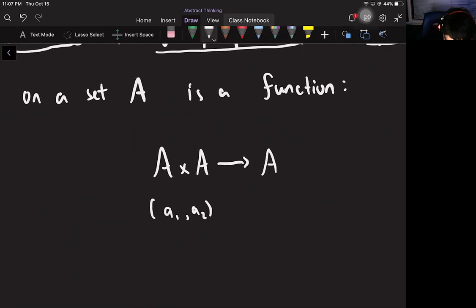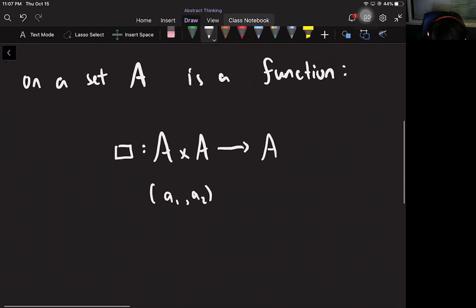And the name of the function just depends on the operation. Because we're being very general, it's just like this little box. The box is your operation, and it takes your two elements to your single element that combines them.